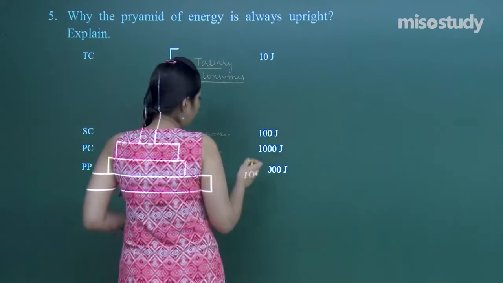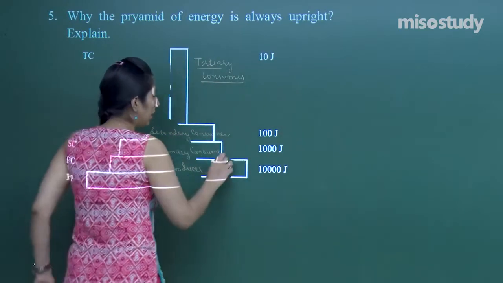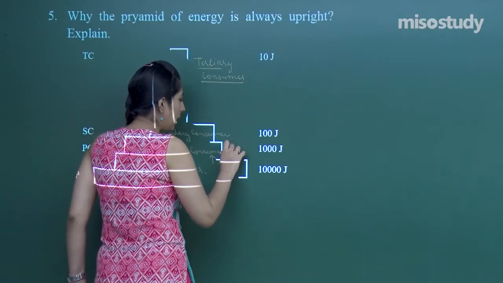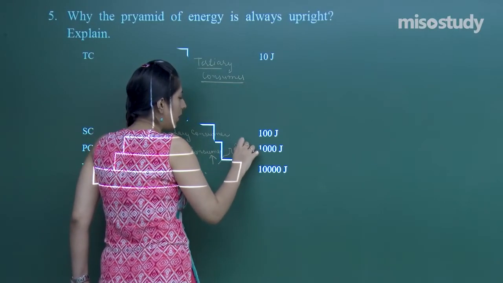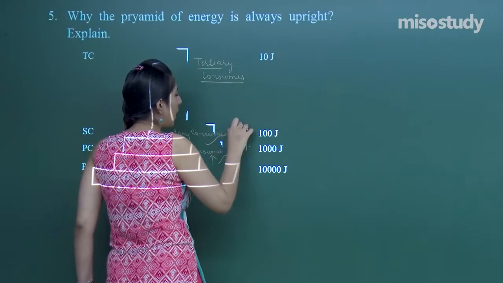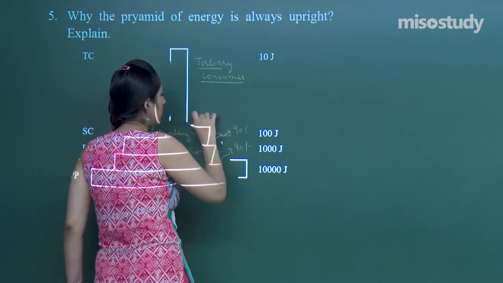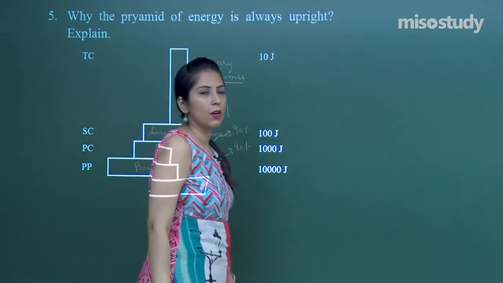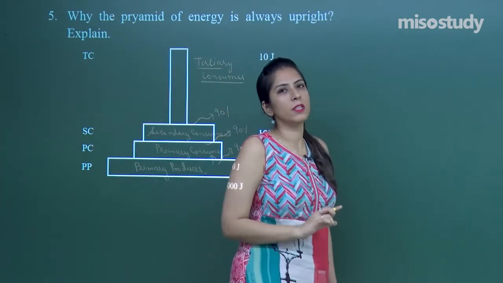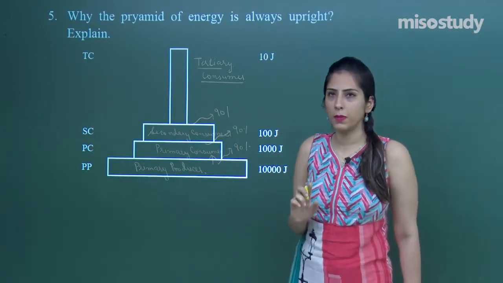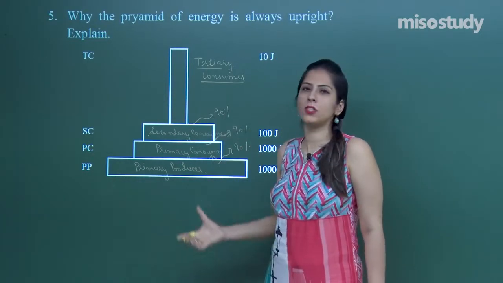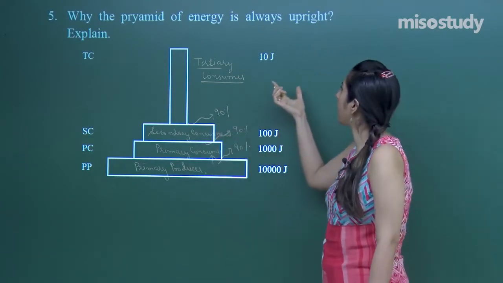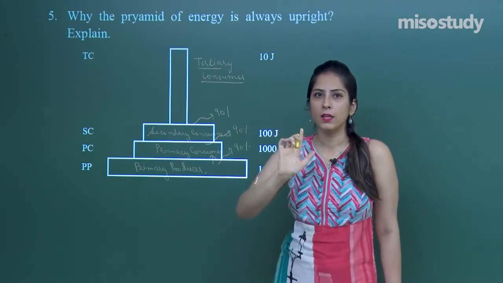So, when energy is transferred from one trophic level to another, 90% is lost in the form of respiratory loss. That's why it is always said that only 10% of energy is transferred, and the rest is dissipated. So, if you plot such a graph, you will always get an upright position. This is always upright, right?